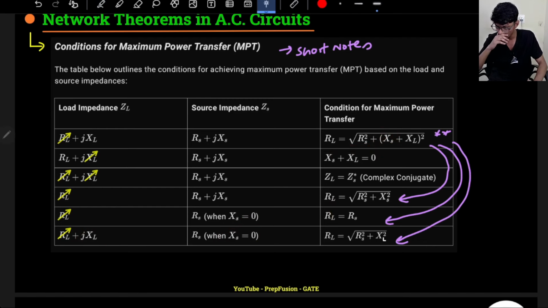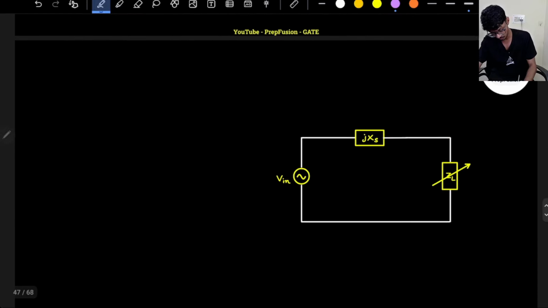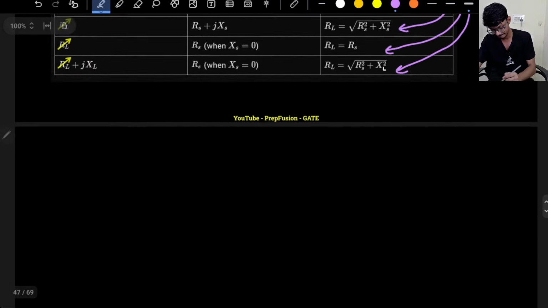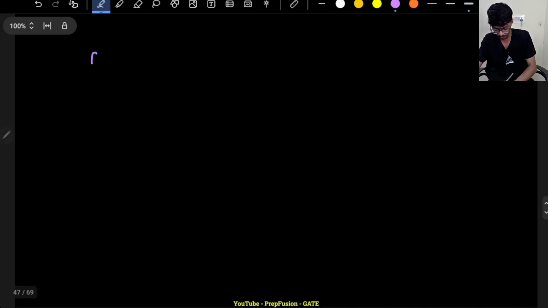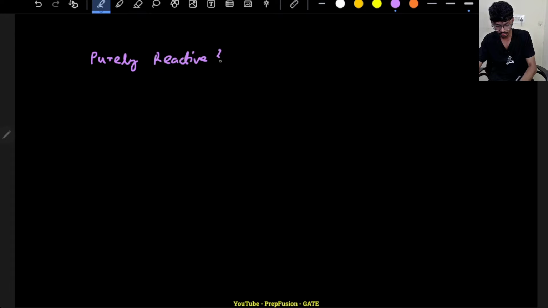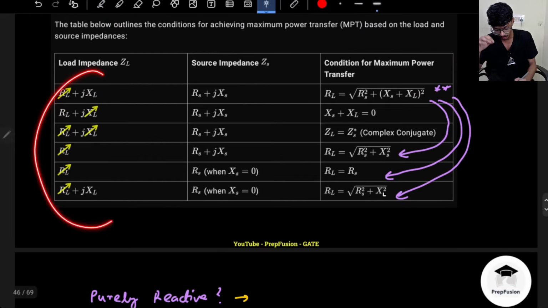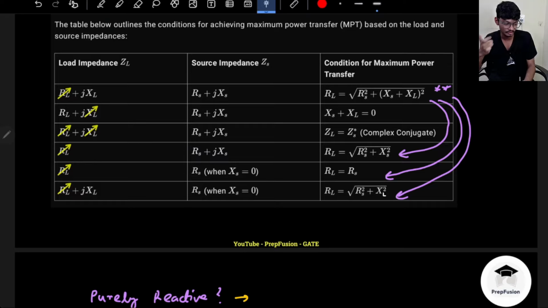Now you might have a doubt, sir, why is there not a purely reactive load? So I will write here, what about a purely reactive load? What if I have a purely reactive load, then what will be the condition for maximum power transfer? We have talked about all the cases but we have not talked about the purely reactive case.